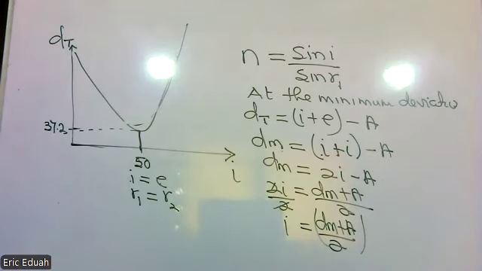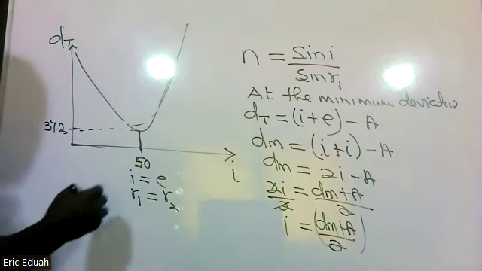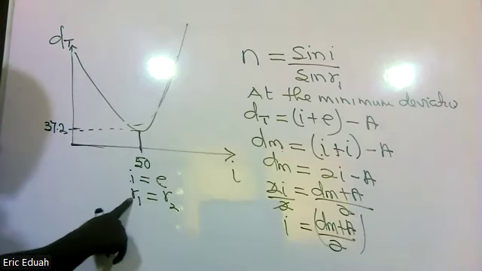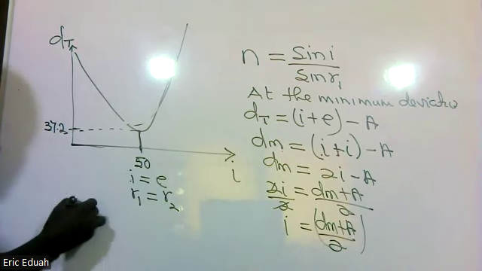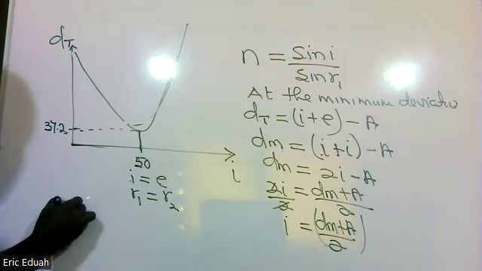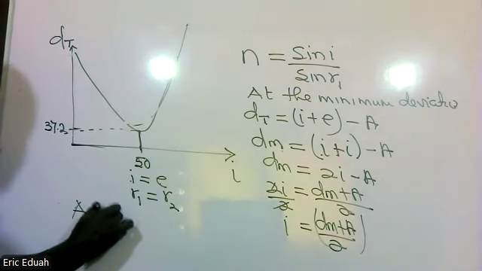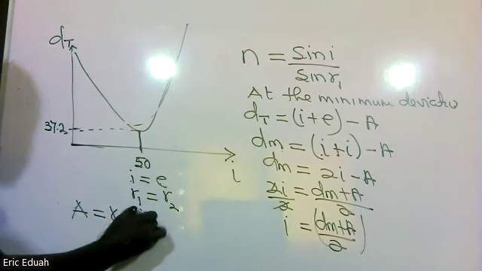Now what will be R? At the minimum deviation, we have R1 is equal to R2. But earlier, we also saw that the angle of the prism is equal to R1 plus R2.